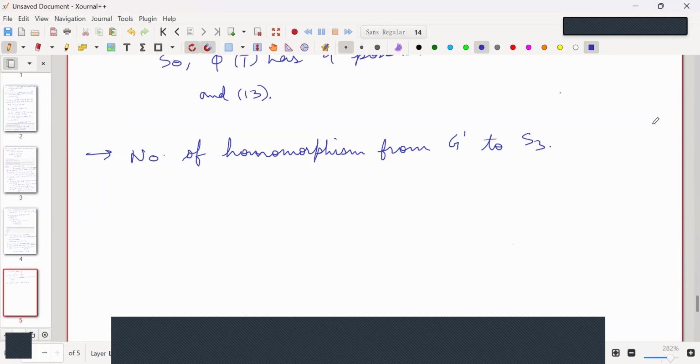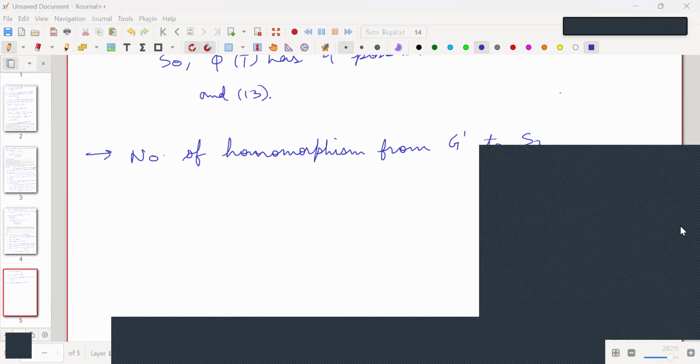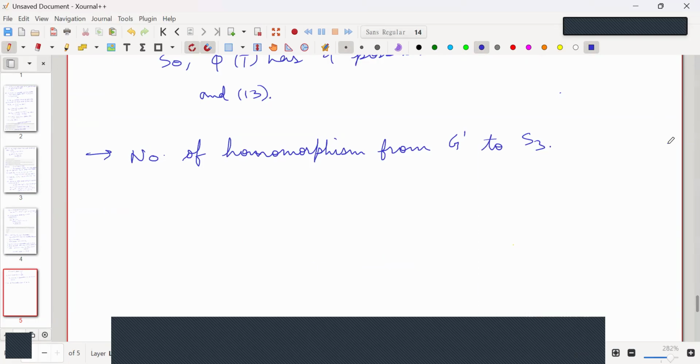So suppose there's some non-identity element in the Klein group.